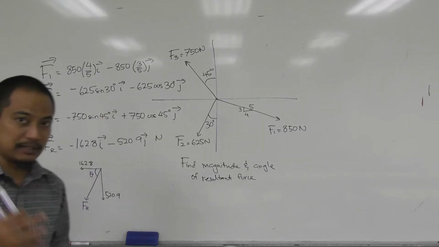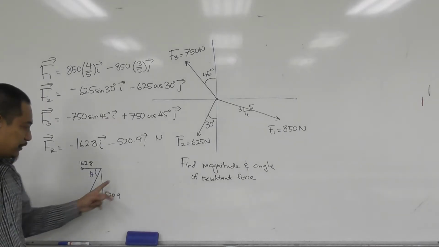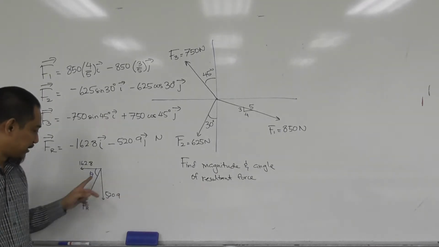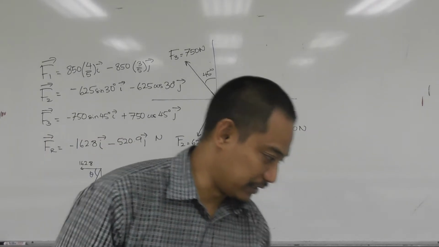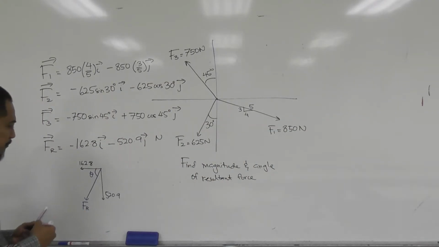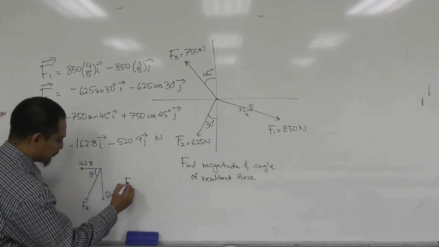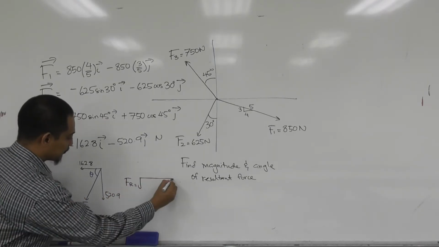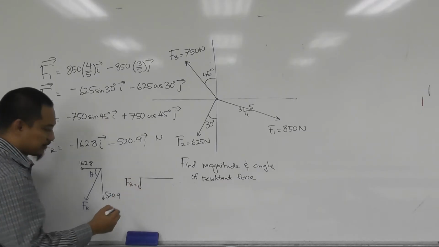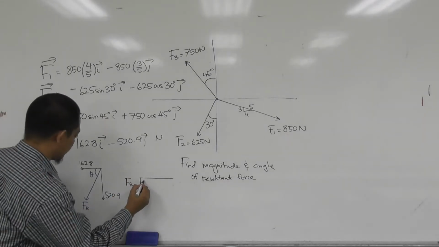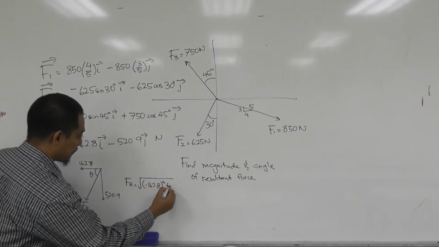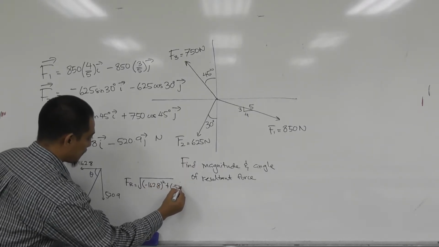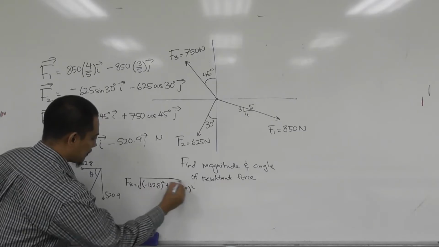Again, I suggest that you draw this so that when you calculate theta, it is clear where theta is. It's in this quadrant. For the FR magnitude, you simply take the square root of this squared and this squared. That's Pythagoras, which you should have covered before.